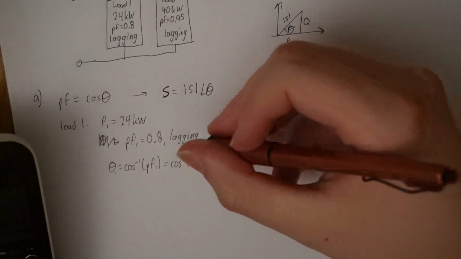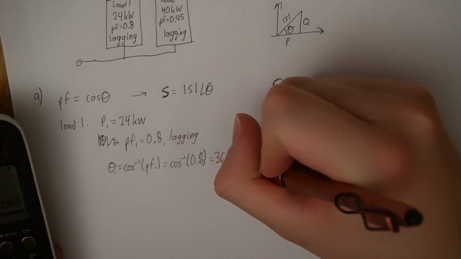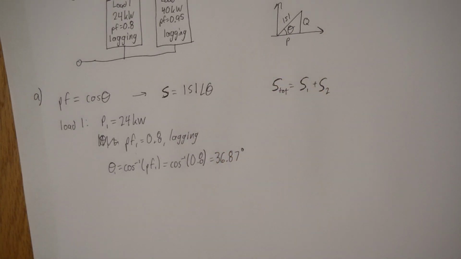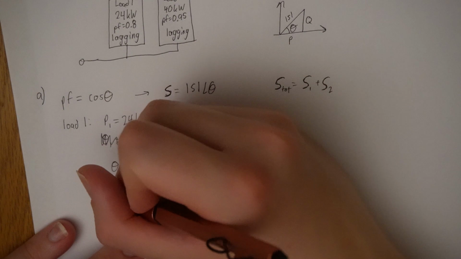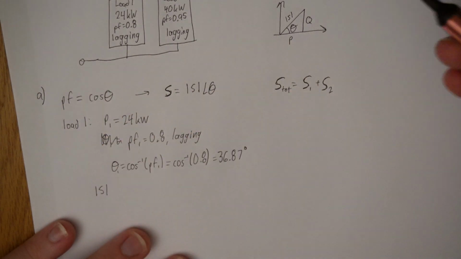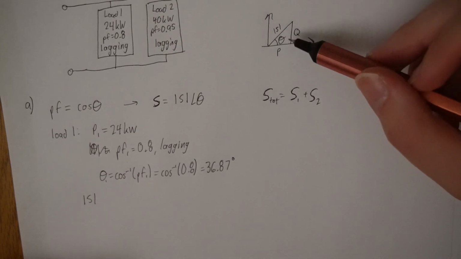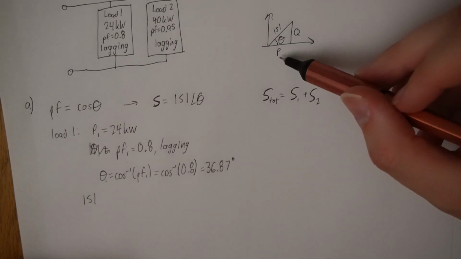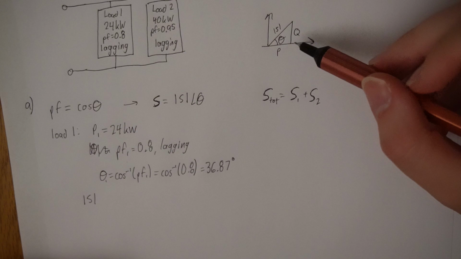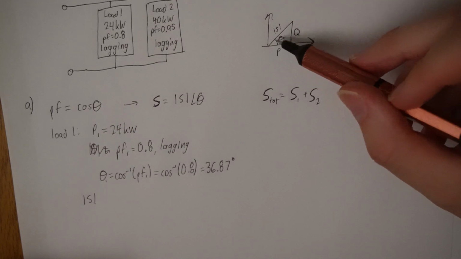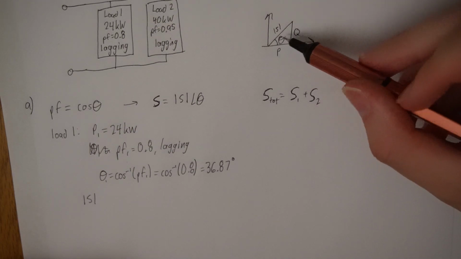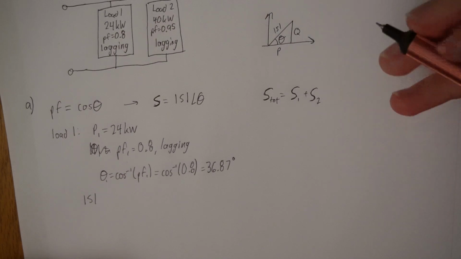equals 36.87 degrees. And then what is magnitude of S? I'll just use my SOHCAHTOA and my power triangle. I have P, I have theta, so I can use cos, because that's adjacent over hypotenuse.